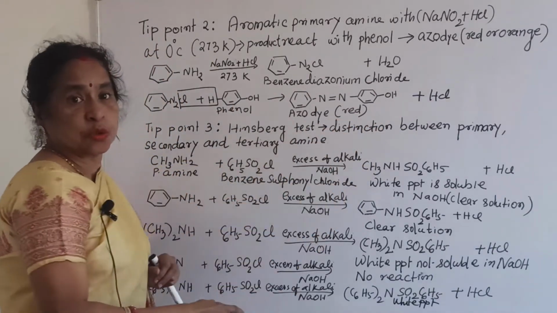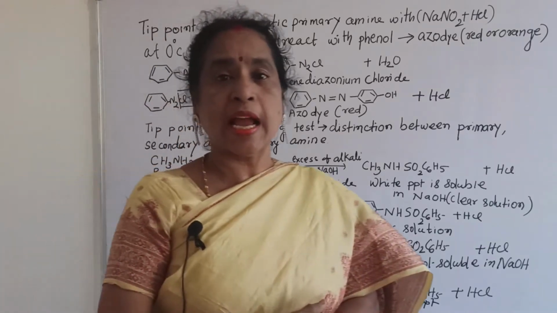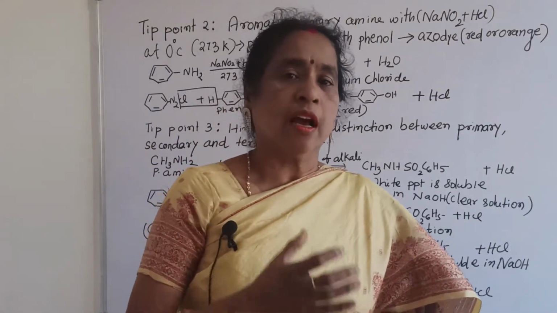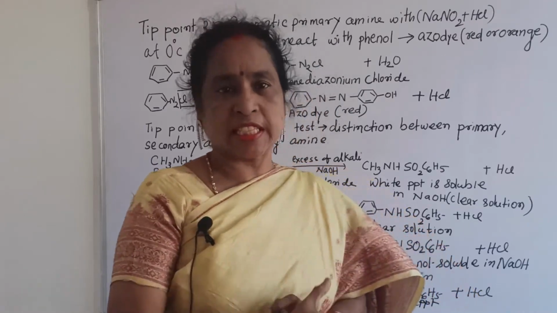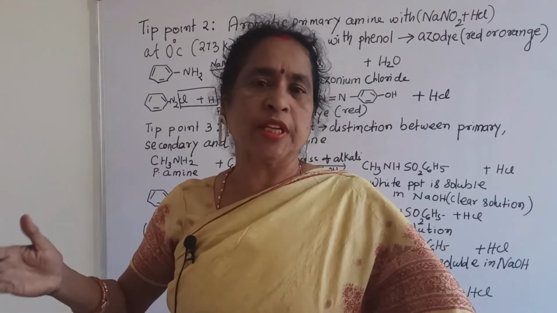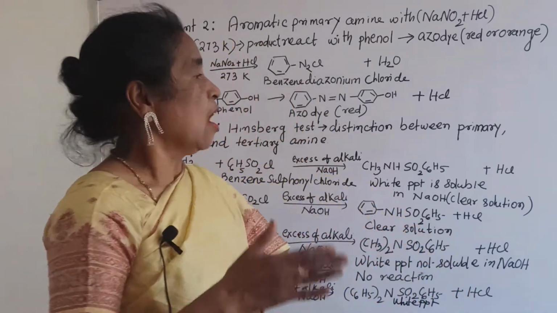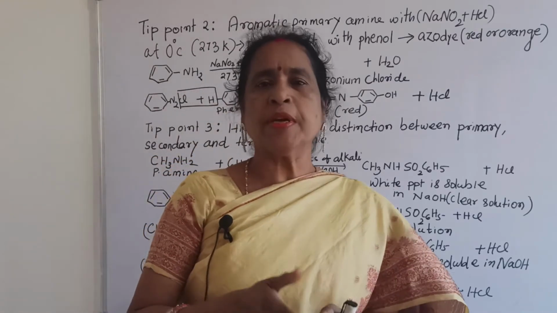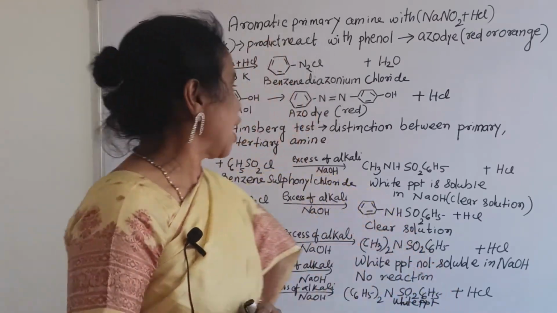Then this is an azo dye. What is the color of the azo dye? Orange or red. This red color is the main reaction by which a primary aromatic amine can be differentiated from secondary, tertiary and other amines.